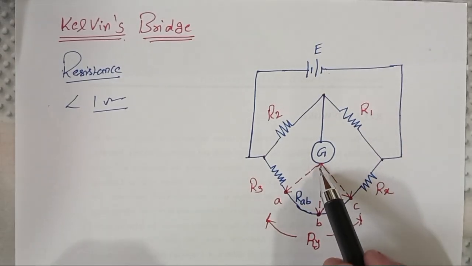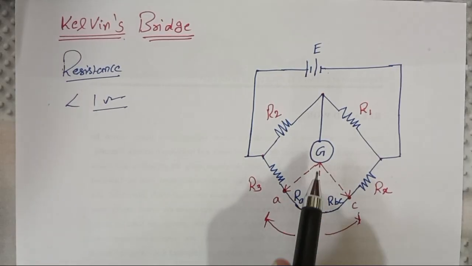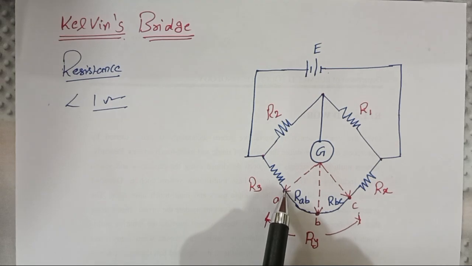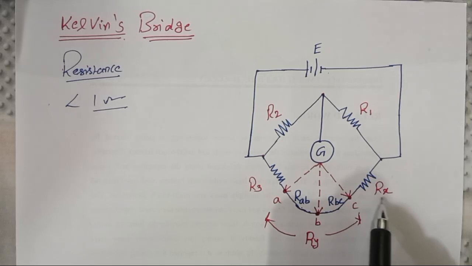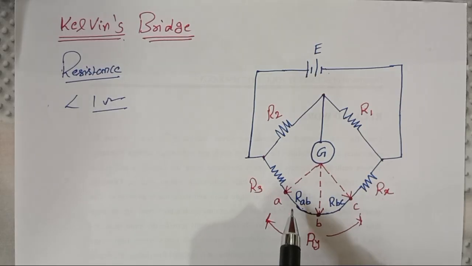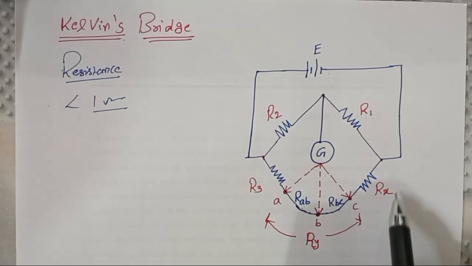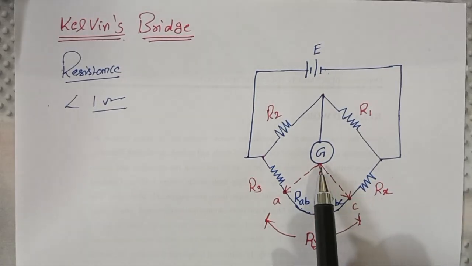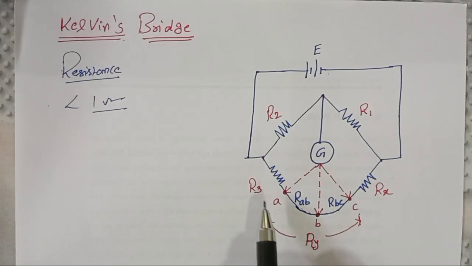When this galvanometer is connected to point A, then RAB and RBC are in series with Rx. When the galvanometer is connected to point C, then RAB and RBC are in series with R3.